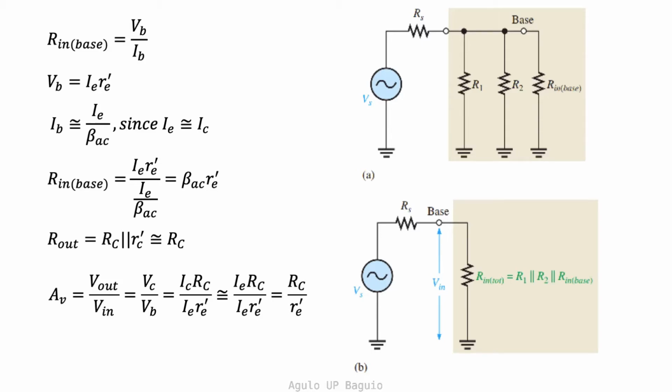The base voltage has been computed to be the product of the AC emitter resistance and the emitter current. Thus, the voltage gain is just the ratio of the collector resistance to the AC emitter resistance. Note that this gain is obtained from the ratio of the signals at the collector terminal with respect to the base terminal.